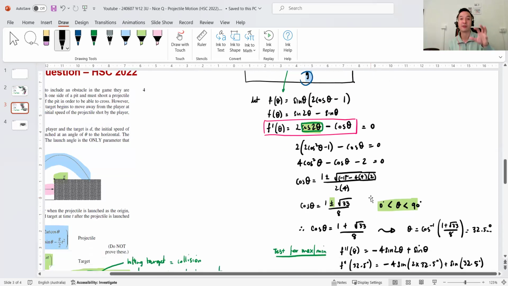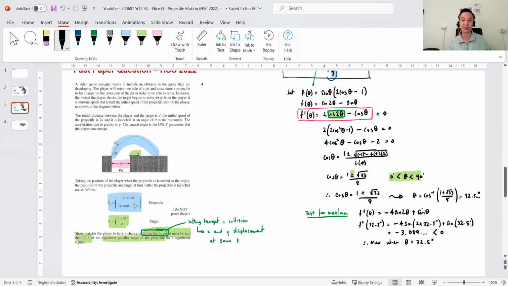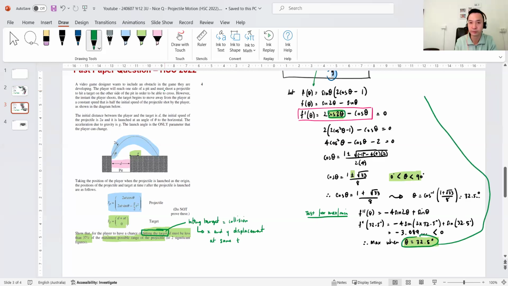Now, the final piece of the puzzle is if I plug this 32.5 degrees into the function here, I'm hoping it gives me 37%. So let's try that.